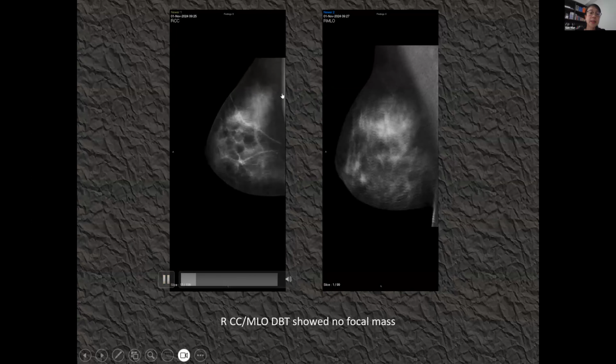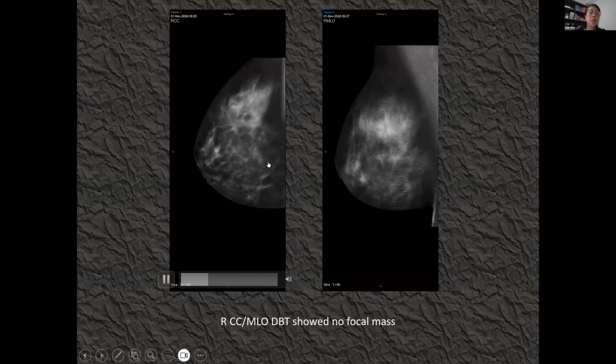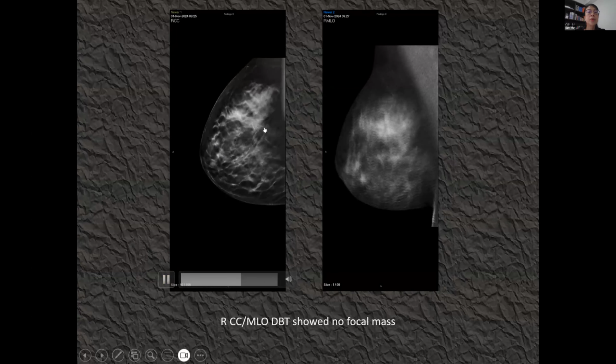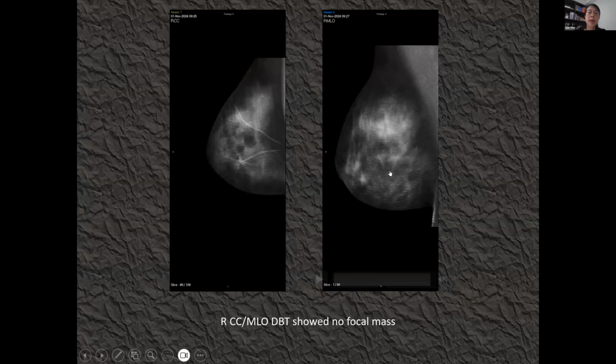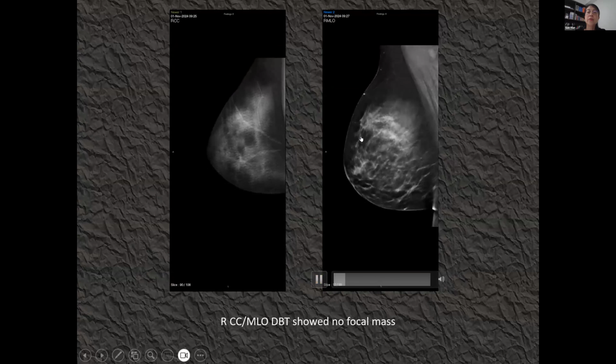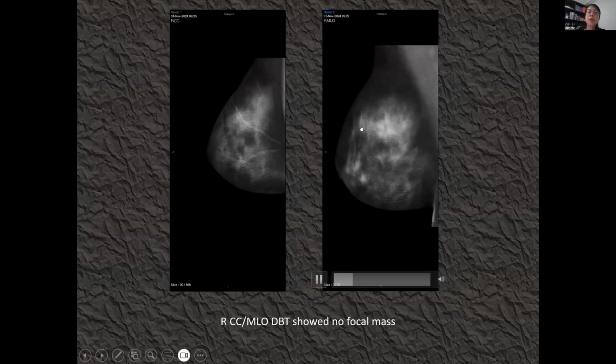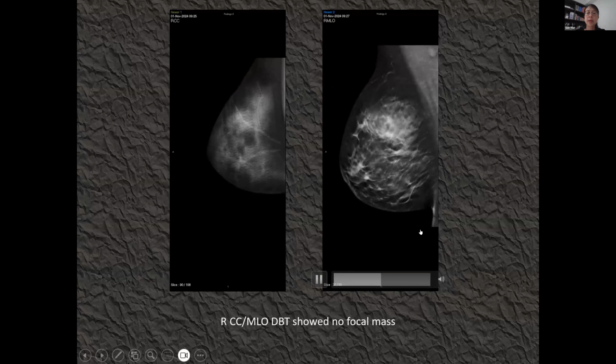This is the CC tomosynthesis cine clip. There's a prominence of parenchymal tissues, but no focal underlying mass. This is the MLO view, showing fairly dense parenchymal tissues, but no overt underlying mass.